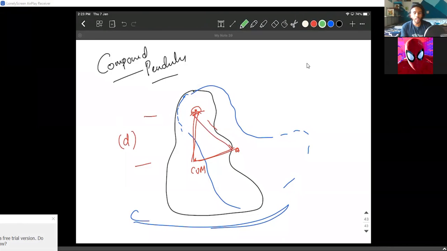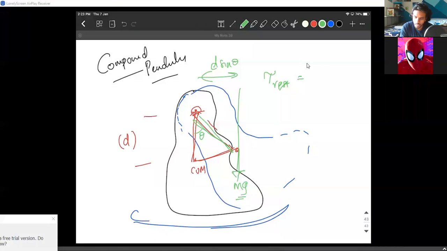Now, all we have to do is find the restoring torque. How do we find the restoring torque? Mg is the only force that can create the restoring torque. Mg into perpendicular distance. How much is this perpendicular distance? This is d. If this is theta, this is d sine theta. So the restoring torque will be mg into d sine theta.